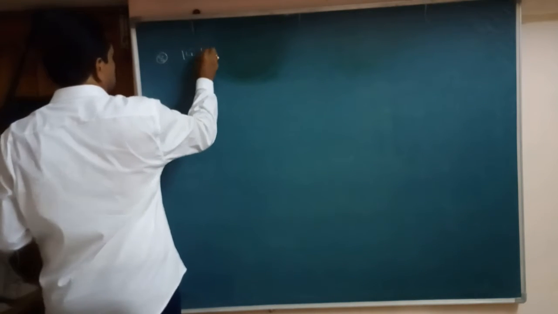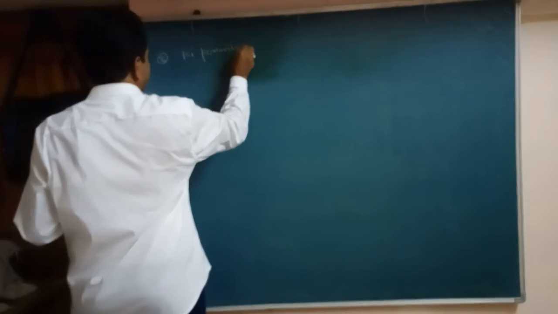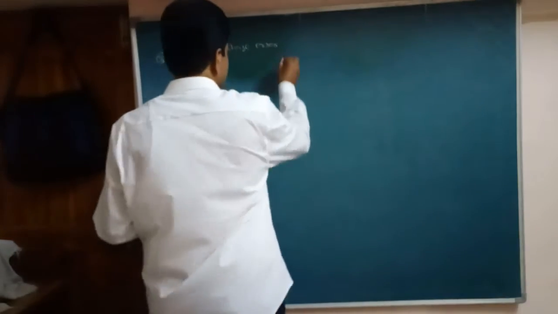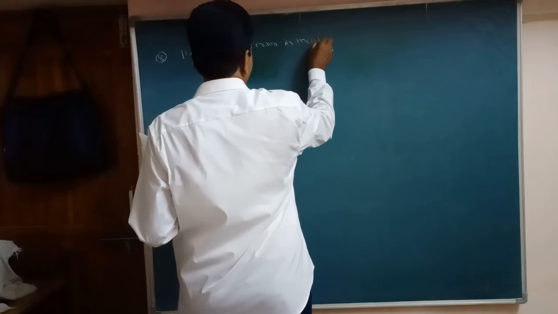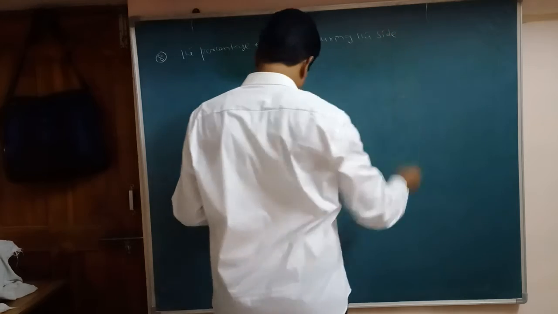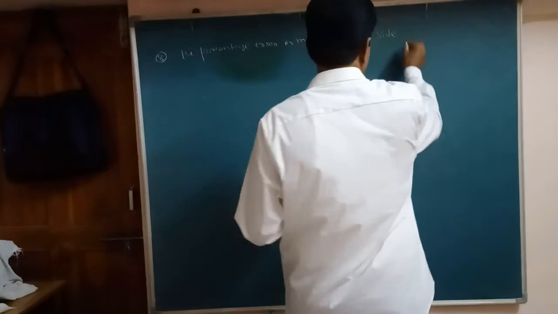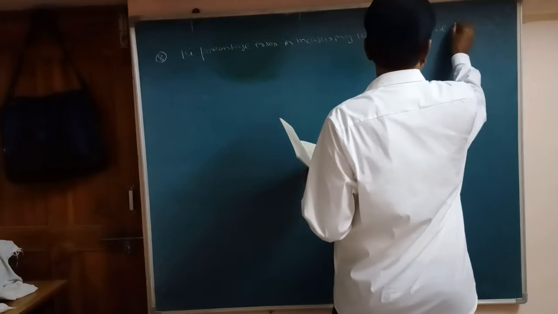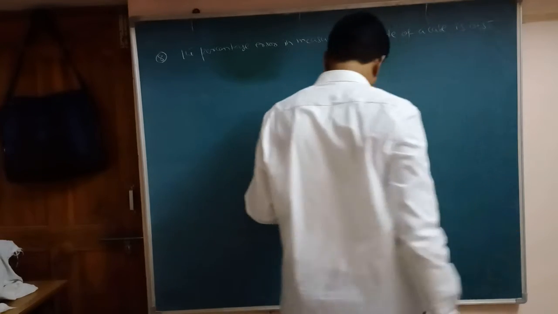The percentage error in measuring the side of a cube. Side of a cube is 0.5.